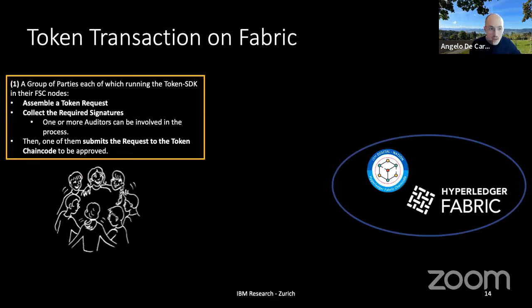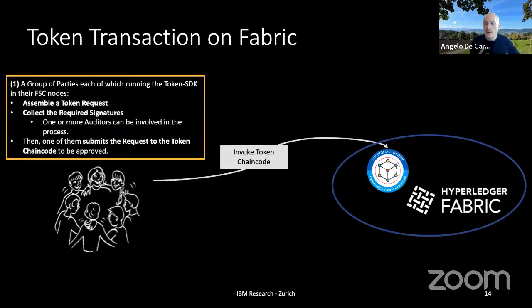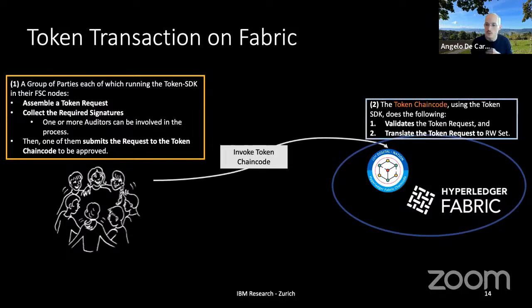Once the token request is ready, one of these business parties will invoke the token chaincode for a specific reason. They strip out the metadata because they don't want to leak these secrets to the blockchain.